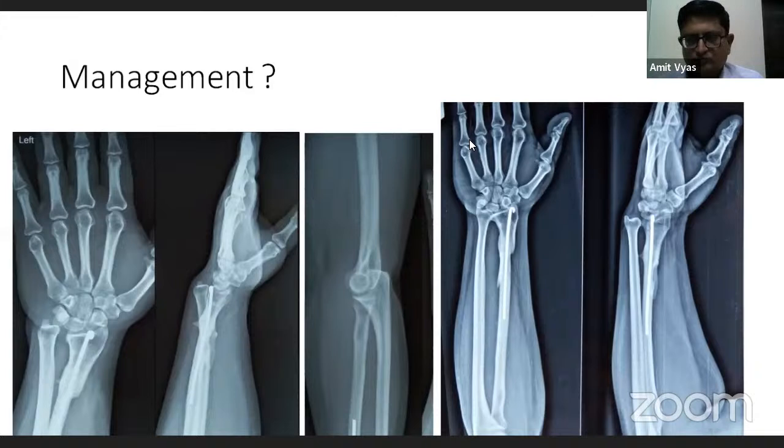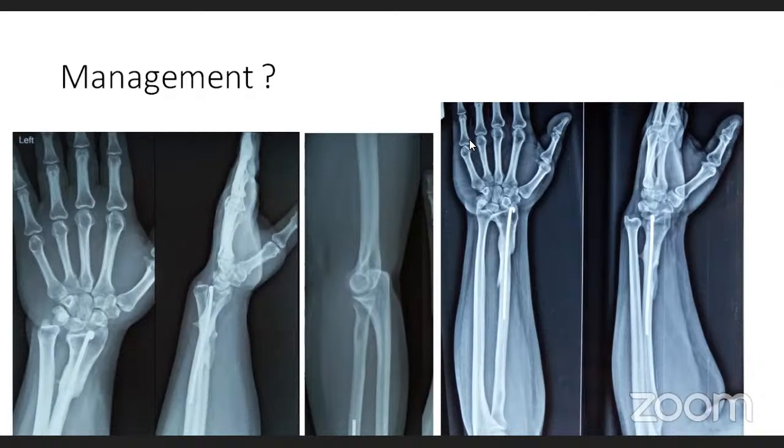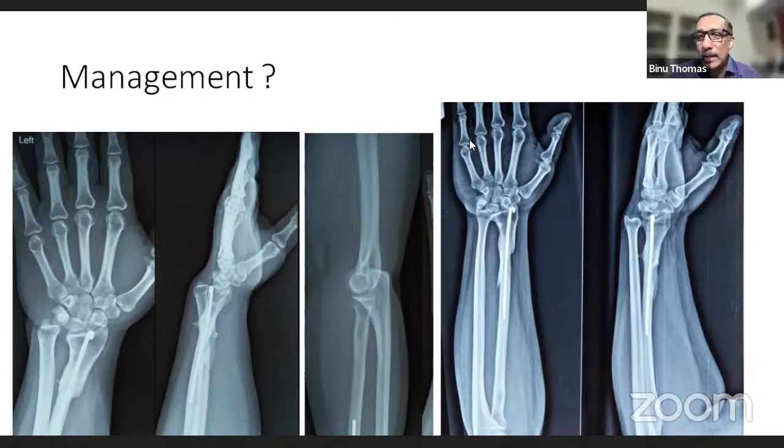Now, suppose you have an arthroscope in theater and you are good at it, what prevents you from fixing it arthroscopically also? Yes. What is common practice is we put K-wires, but arthroscopic reduction is also an option. There have been reports in the literature of how they looked arthroscopically, found the TFCC ruptured and put in a repair.